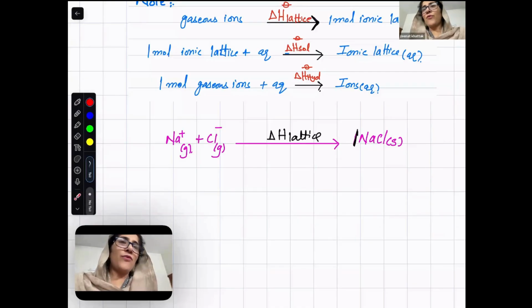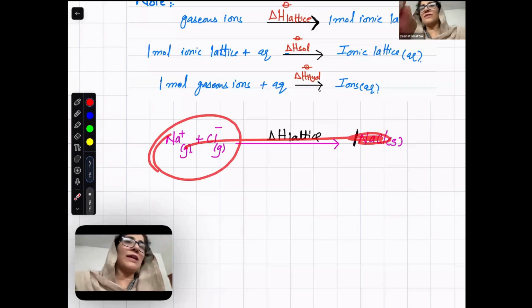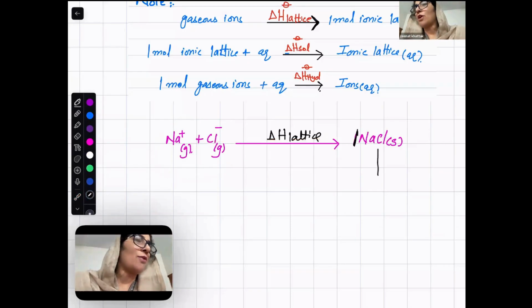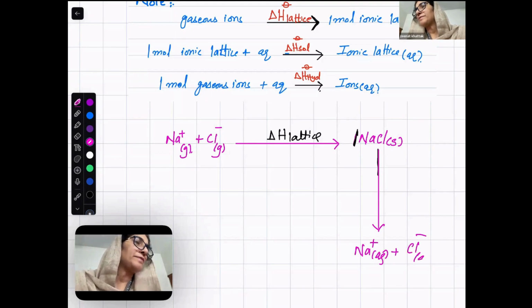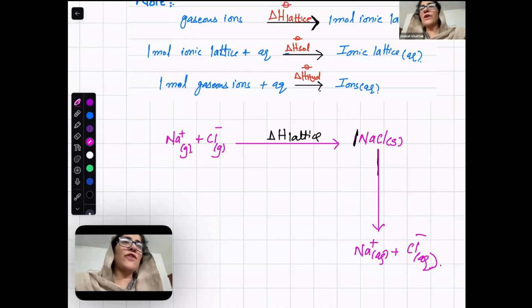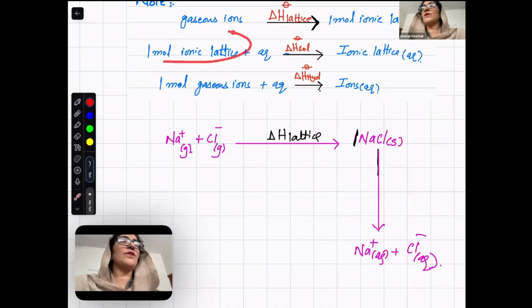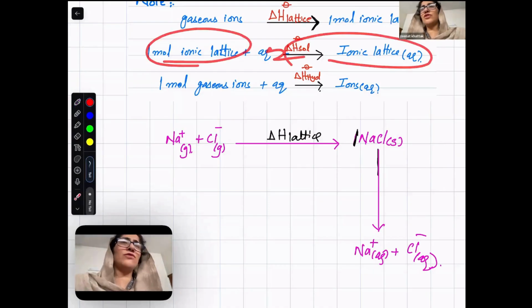You convert the ions into lattice and you can put the lattice in water. The enthalpy change when 1 mole of ionic lattice is dissolved in excess water is the solution.